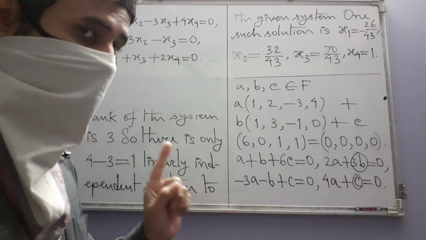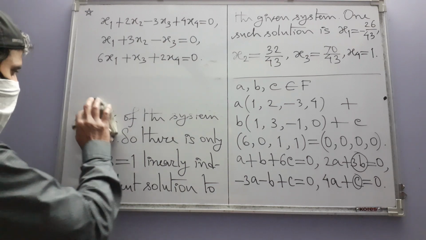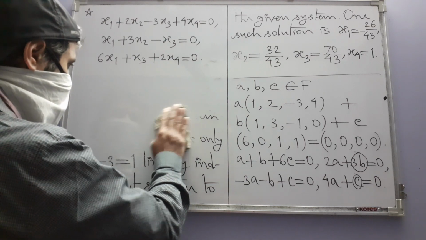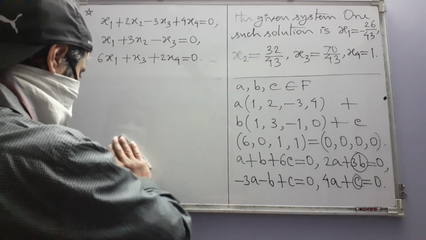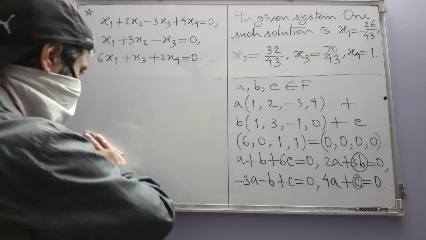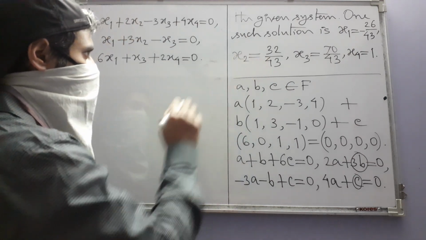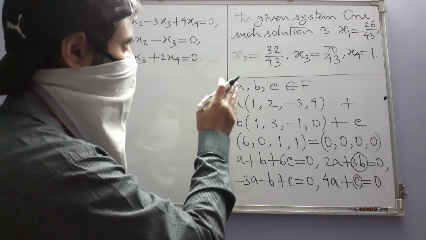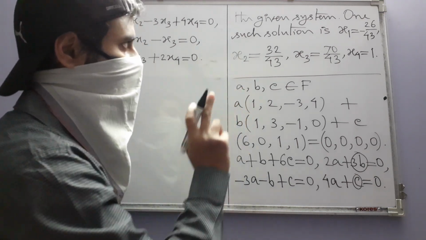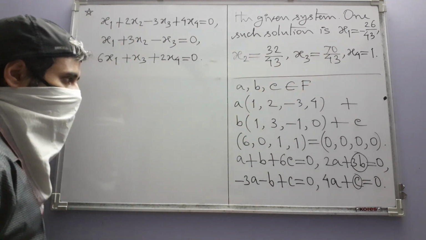And the third thing, there is one more thing. What does it mean when we say that there is only one linearly independent solution and one such solution is this?